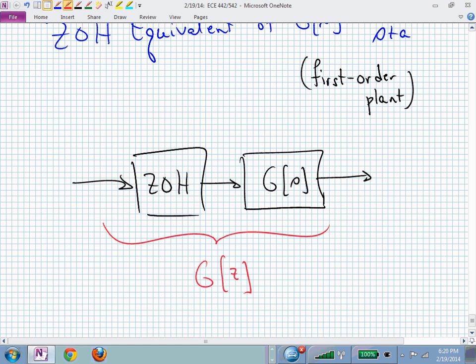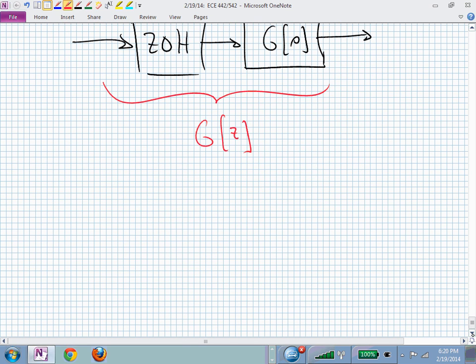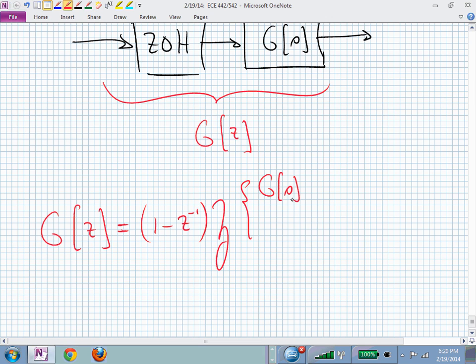And we've already done all of the necessary background material to find this answer, is the hope. What's the formula for capital G of z, just by definition? If this is the zero order hold equivalent, that's 1 minus z to the minus 1, z transform of g of s over s.